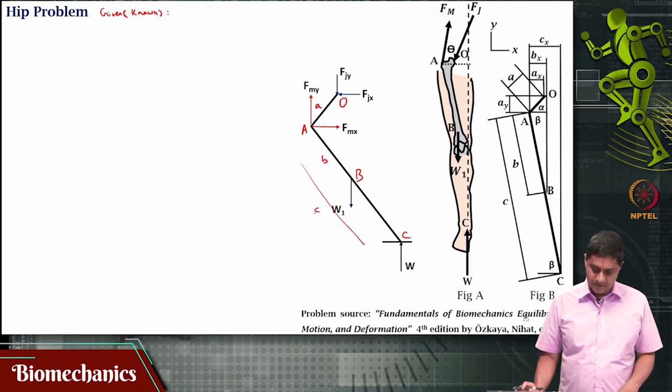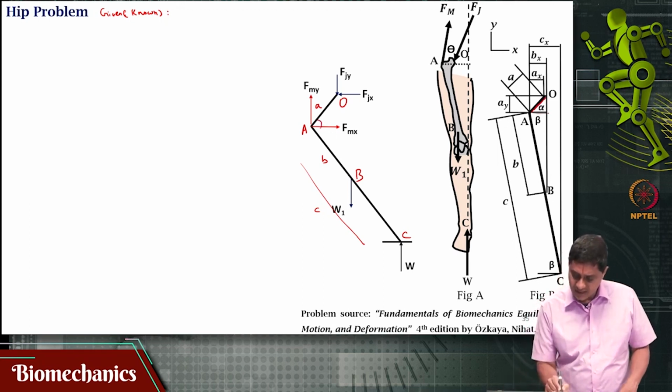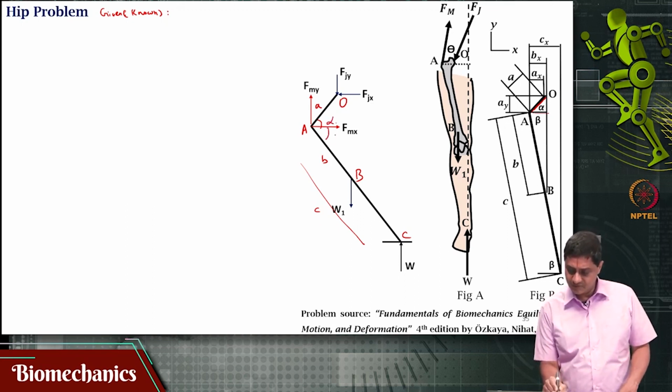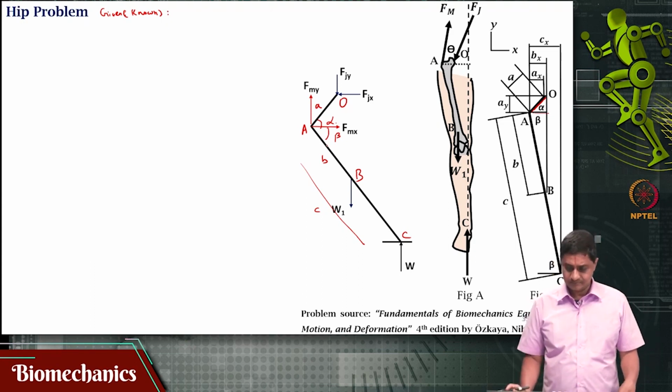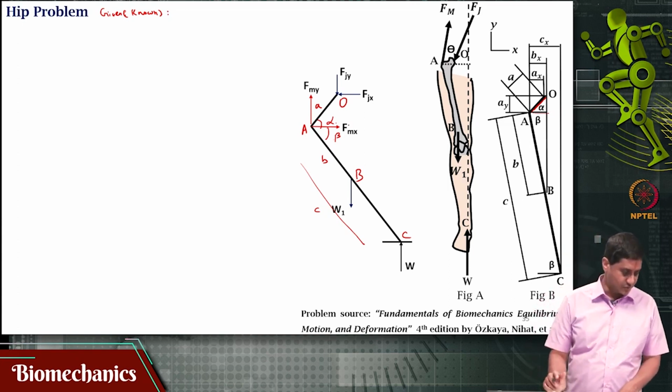For convenience, the angle that the line AO makes with the horizontal is given to be alpha, and that angle is given to be beta. Fm itself is acting at an angle of theta to the horizontal, that is also known.